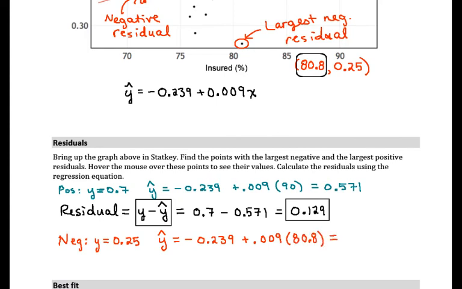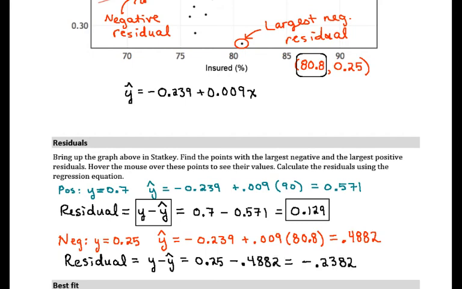Again, we can bring in the calculator to get 0.4882. My residual, again, is going to be y minus y hat, which is the actual observed y value of 0.25 minus the estimated value from the regression equation of 0.4882, and we get negative 0.2382 for that residual.